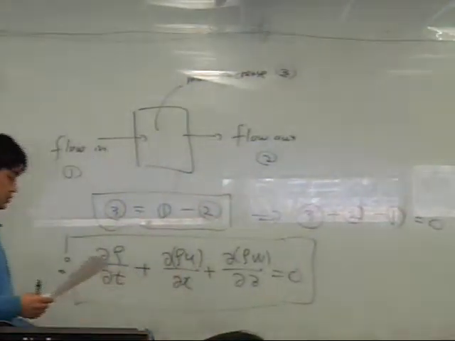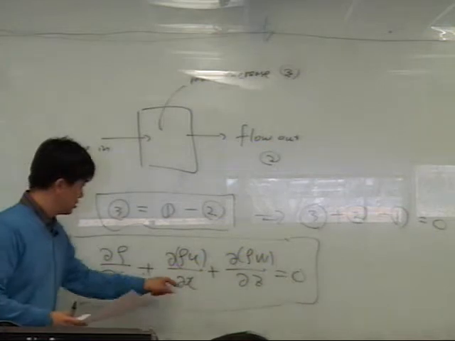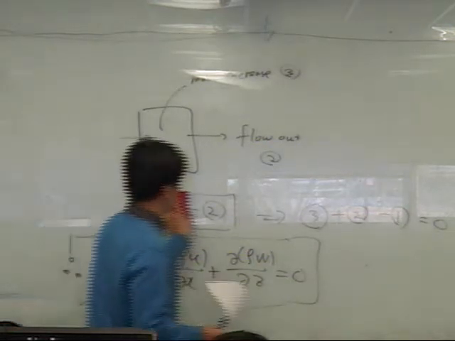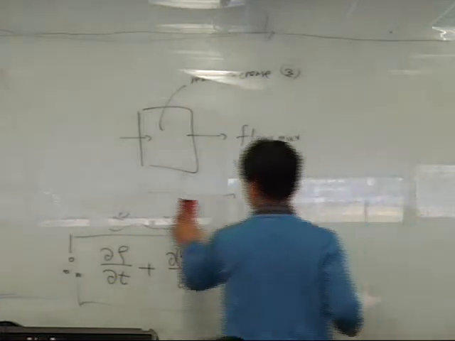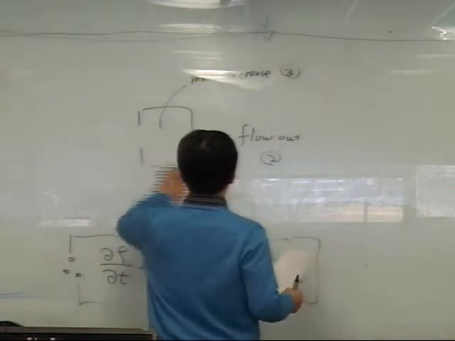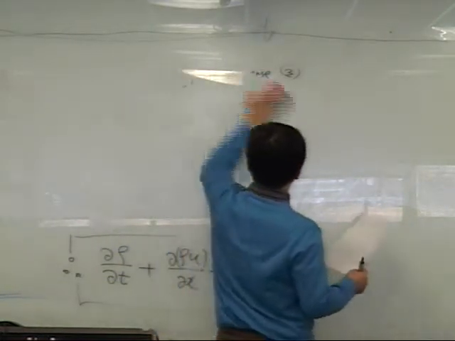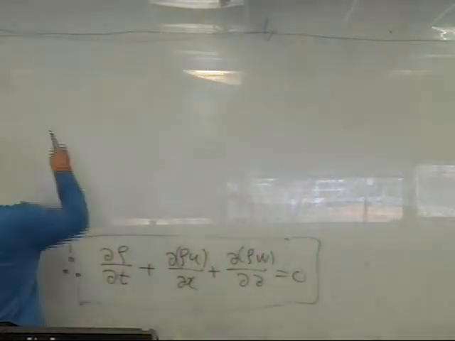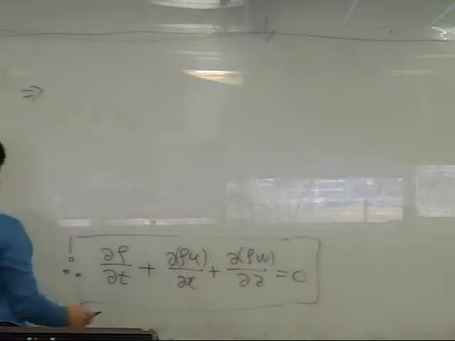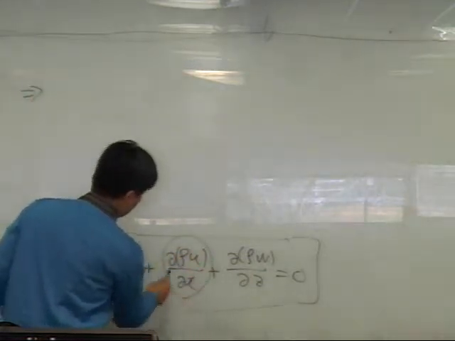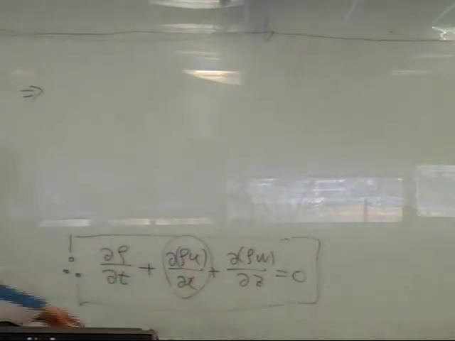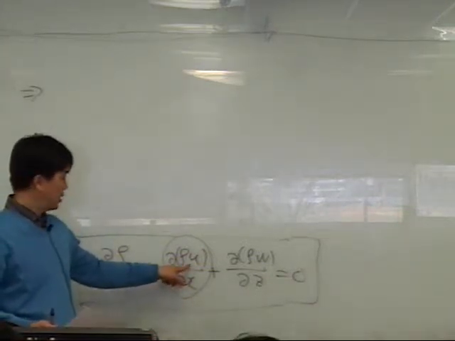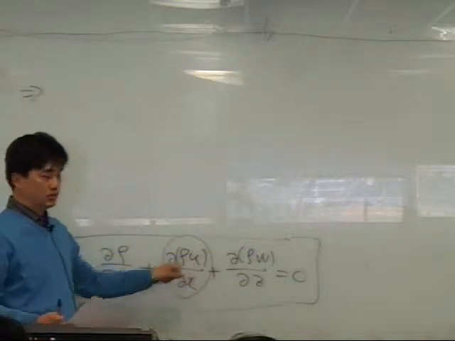Okay, then let me see here. We can have a different form of this equation. Let me change this equation a little bit. If you take the derivative with respect to x, this is a function of rho and u.